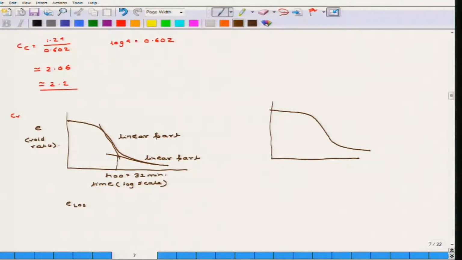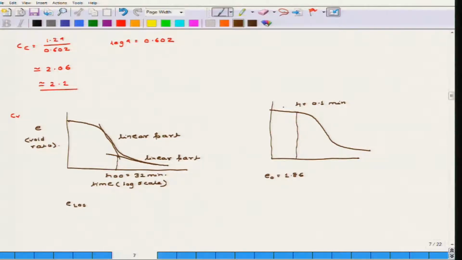Now, first you have to find out the initial void ratio E naught. You all know that the initial void ratio E naught is given as 1.86. Once the initial void ratio E naught is known, then you have to find a time near the origin. So, let us say we take a time T1 equal to 0.1 minute.